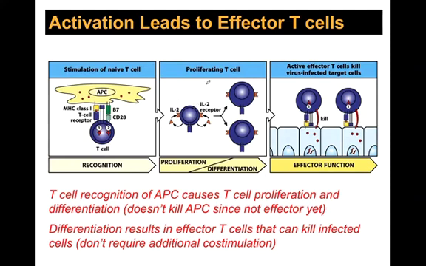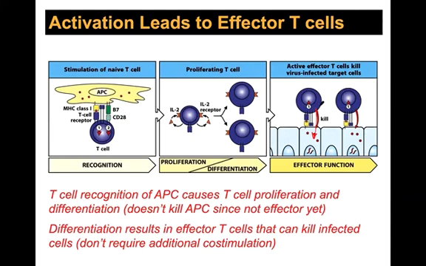And once it goes out from the lymph node, then it's going to start this program of looking for infected cells. So it's not recirculating, it's actually going through and looking for signals to exit the blood and enter into tissues to start killing infected cells. Okay, now at this point, it doesn't require co-stimulatory signals.